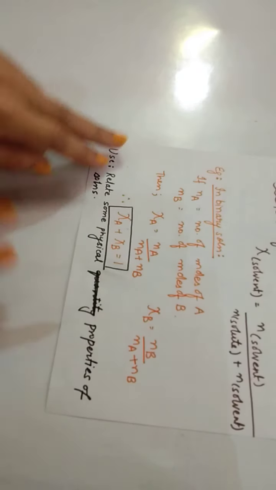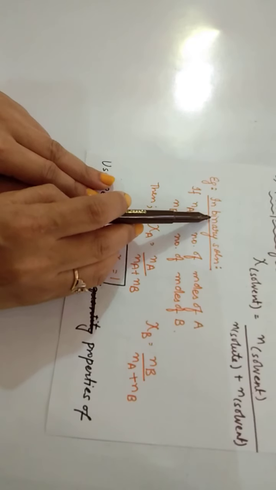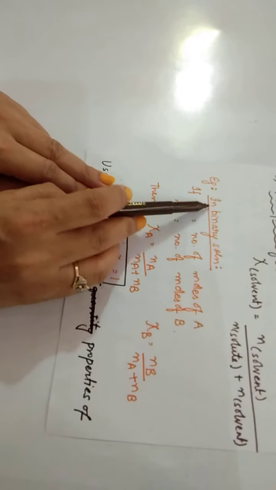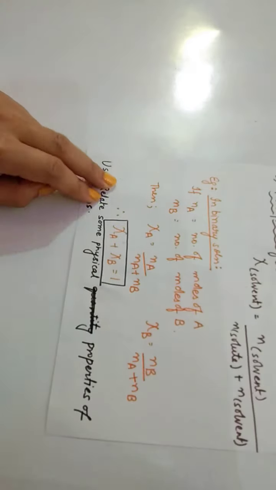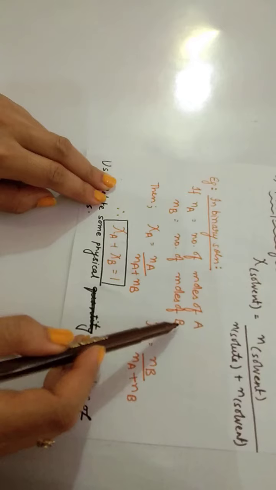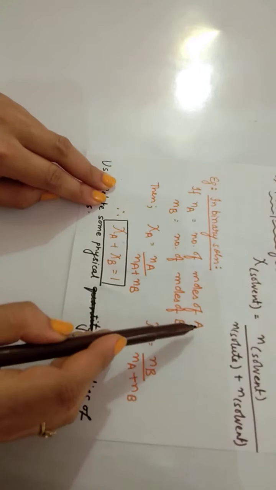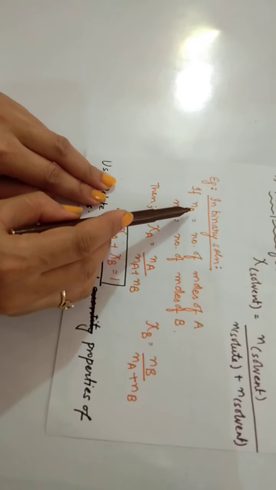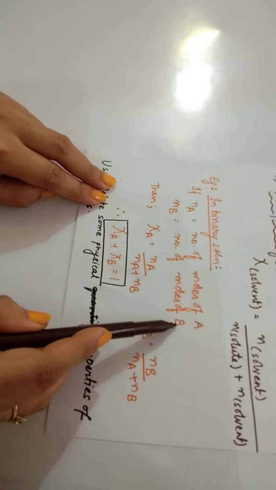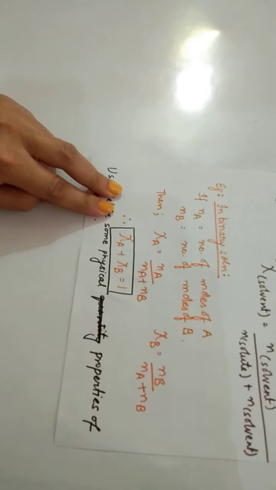As I've told you earlier also, in this chapter we are basically studying binary solutions. Binary solutions are those having two components, that is, one solute and one solvent. If the two components are A and B, where one is the solvent and the other is the solute, then the number of moles of A is represented by Na and the number of moles of B, the second component, is represented by Nb.